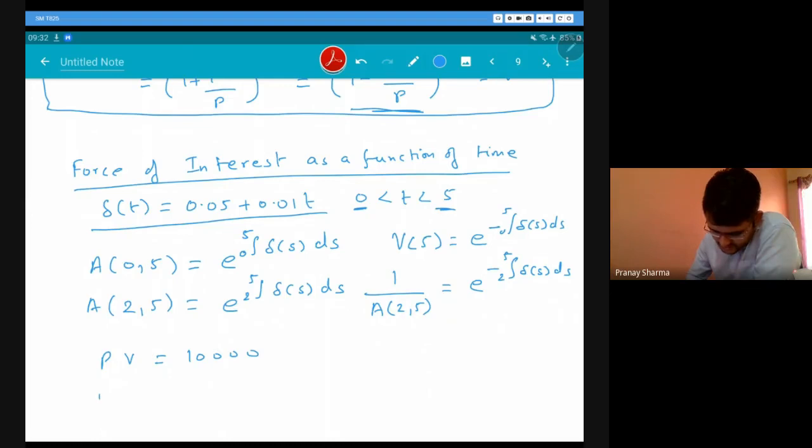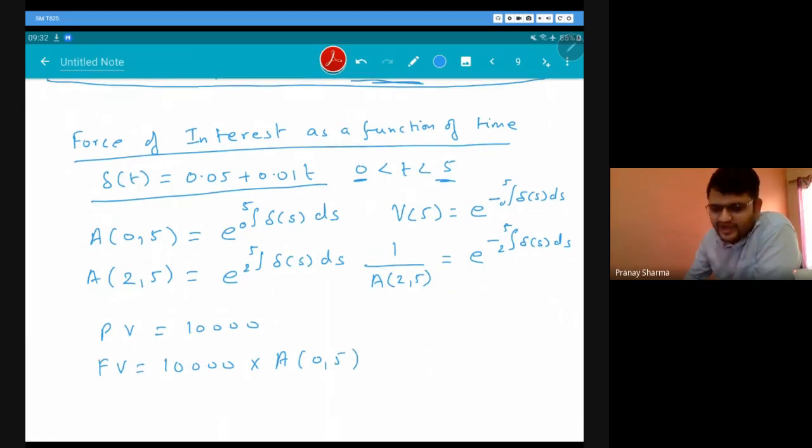So our future value must be equal to 10,000 into our accumulation factor from 0 to 5. Now while we are actually integrating, it becomes very difficult for us to write e raised to the integration of 0.05 plus 0.01 s ds. It becomes very difficult to solve in that power part.